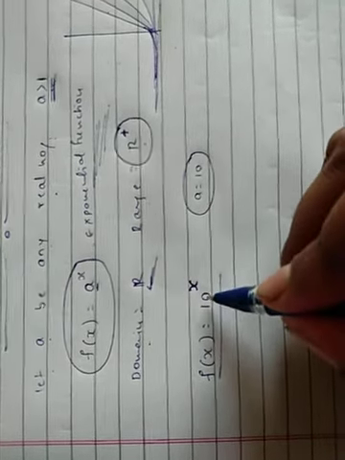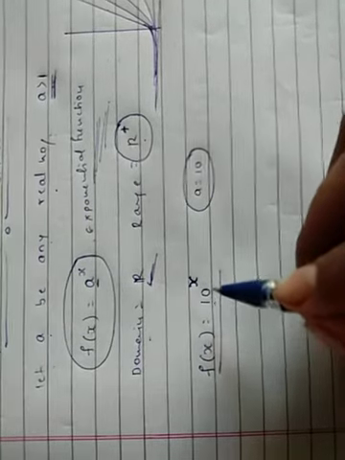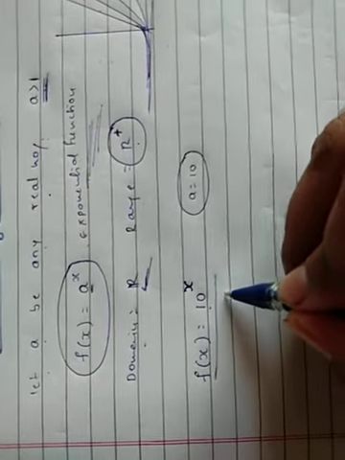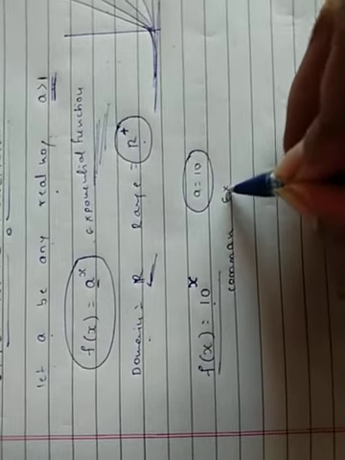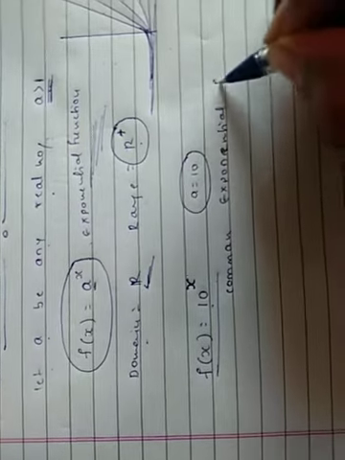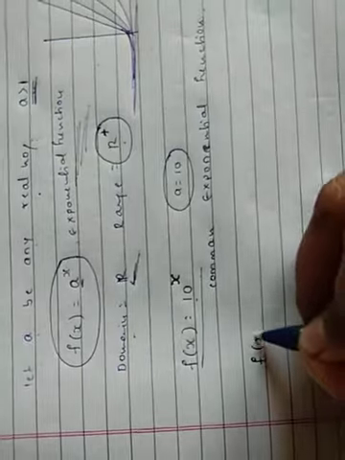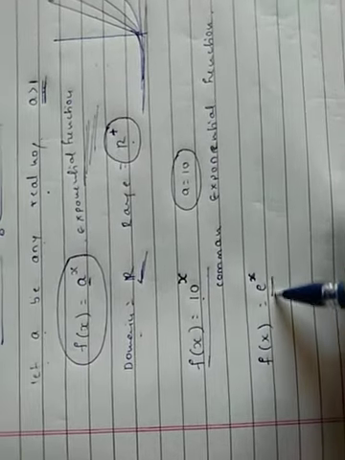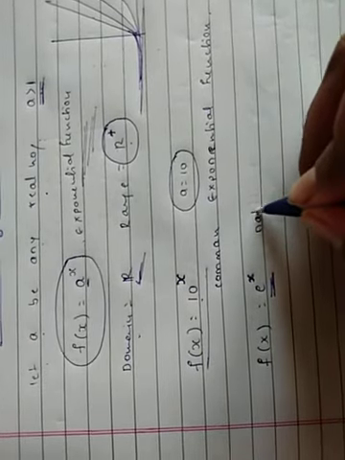When the base of an exponential function is 10, those functions are called common exponential functions. Suppose f of x is equal to e to the power x, then those functions are called natural exponential functions.